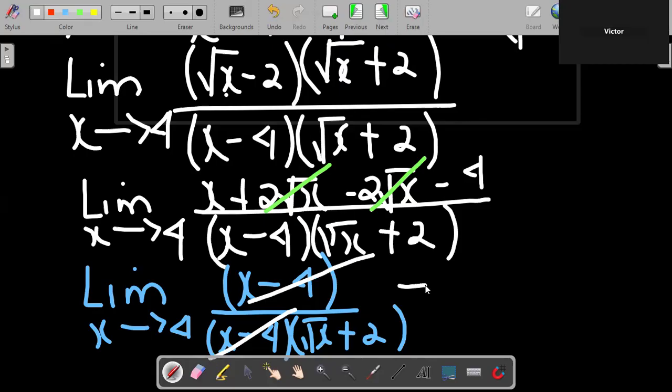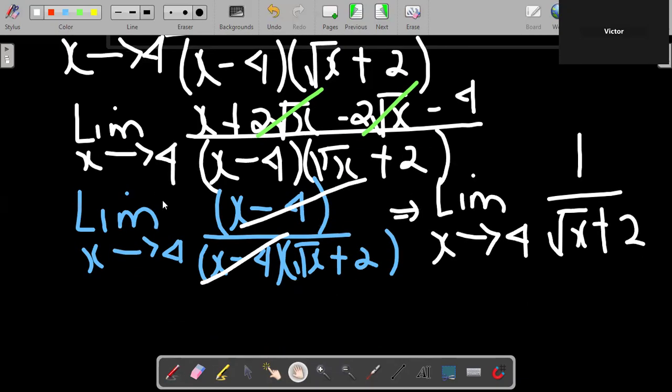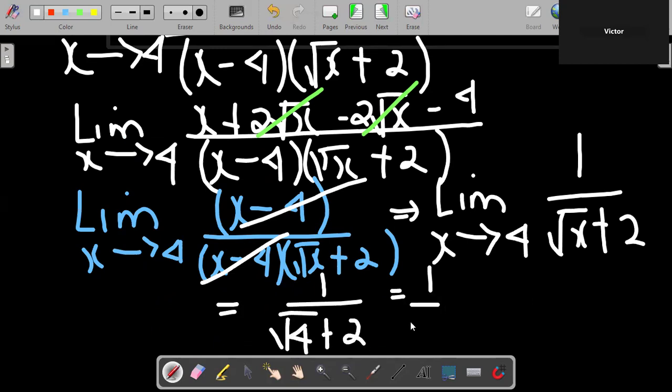We are left with the limit as x tends to 4 of 1 over root x plus 2. Anywhere I see x, I can put 4 now. So it implies 1 over the square root of 4 plus 2, which is 1 over 2 plus 2. Our answer is 1 over 4.